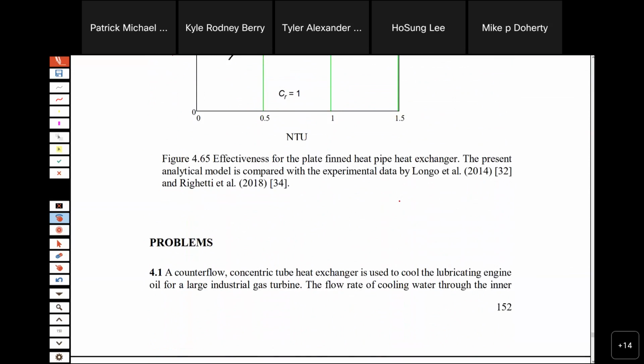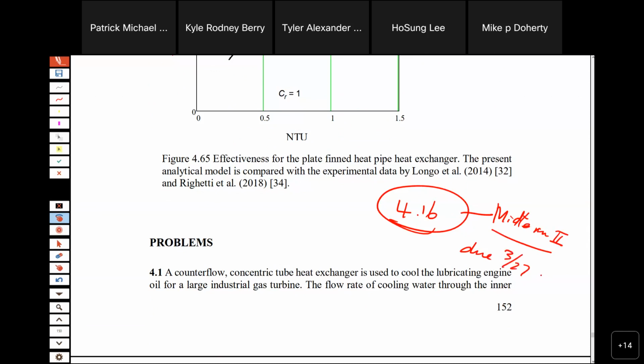So for problem 16, that's midterm 2, due next week on the 27th by 4 p.m. This is a take-home exam.